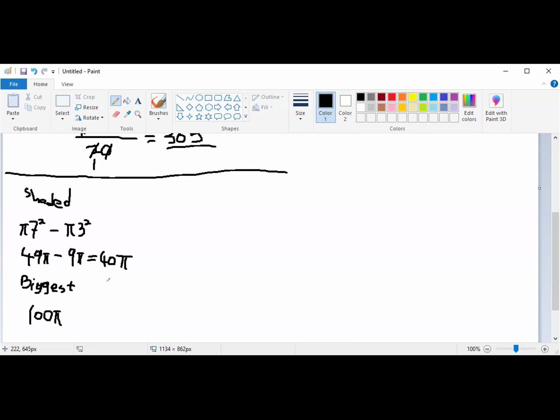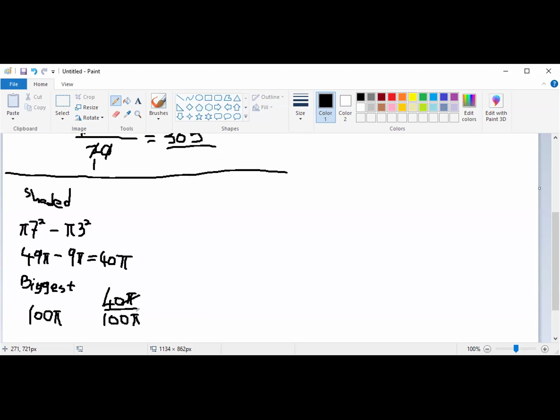Yes. Good. But let's see. Something tells me that that's not going to happen. 40 times 3 is 120, not 100. So there's no way 40 over 100 will give me 1/3. Can't happen mathematically and cannot happen any other way.